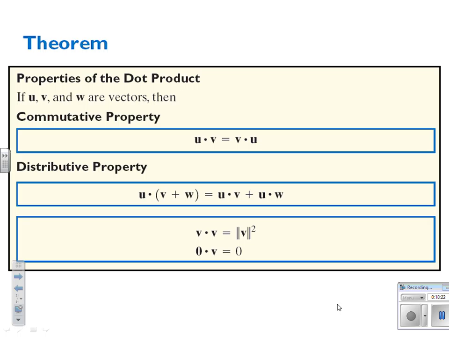A vector dot itself is equal to its magnitude squared, and the 0 vector dot product with a vector is always equal to 0.